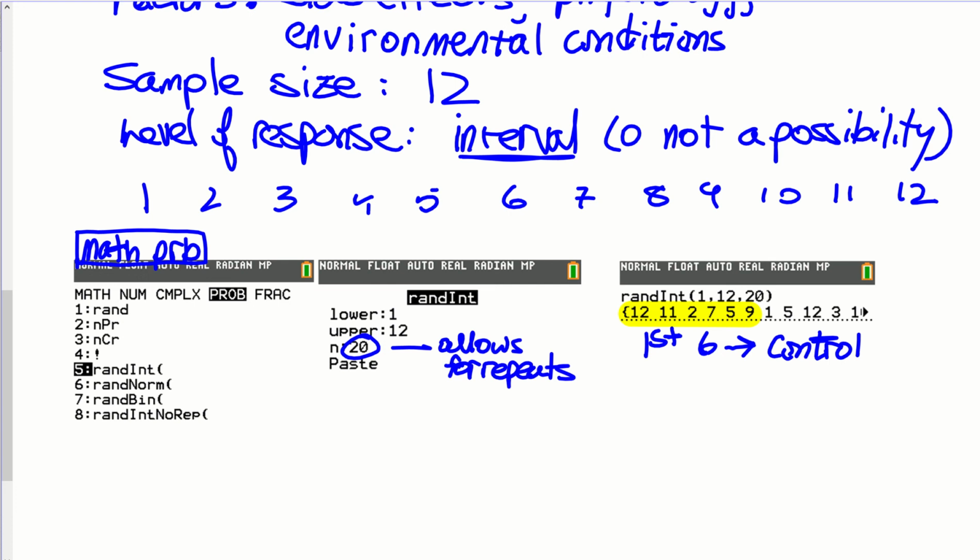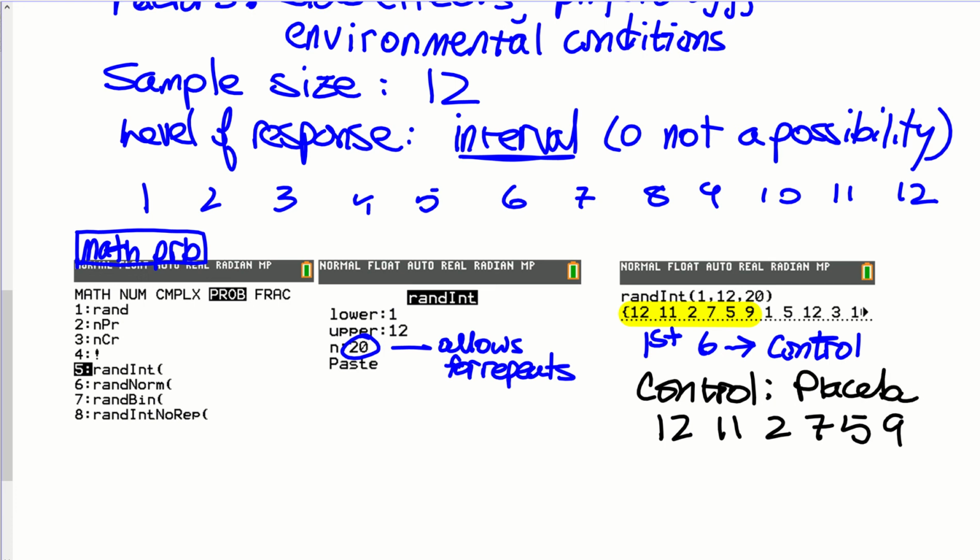So my control group would be the set of individuals 12, 11, 2, 7, 5, and 9. They're getting the placebo. The experimental group is getting the Vicodin.